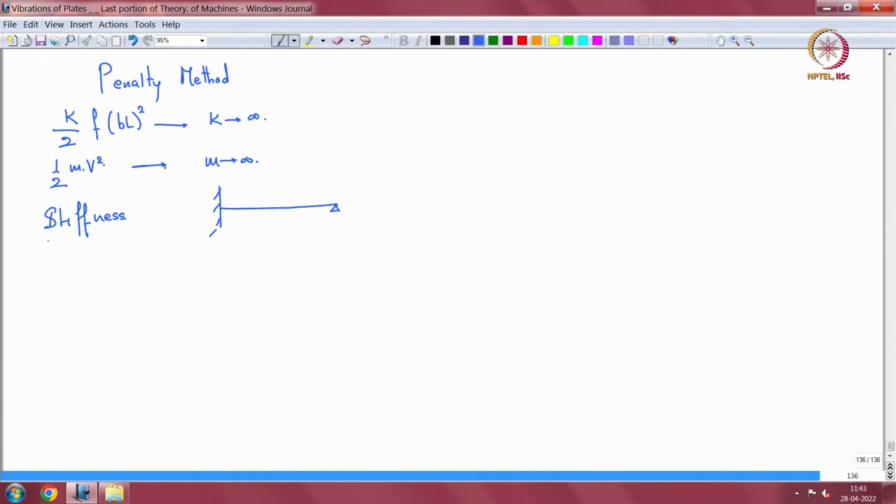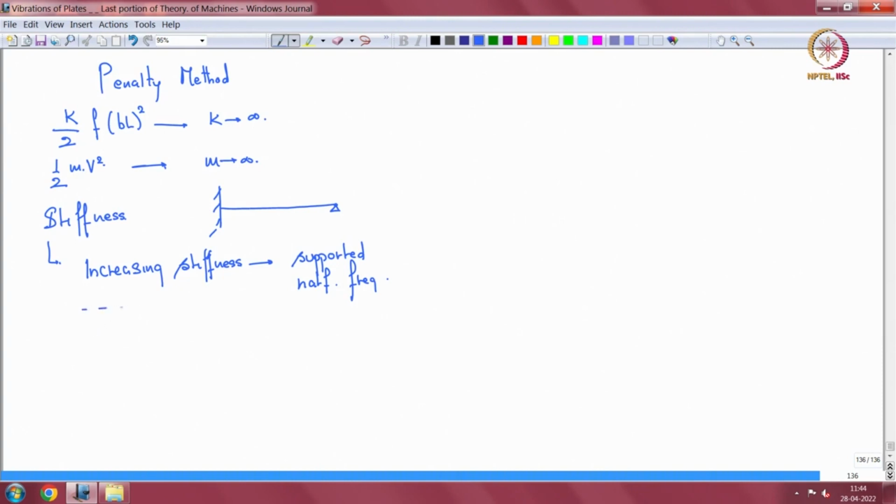If you do it using a stiffness, you can keep on increasing the stiffness, and it will approach the clamped supported natural frequencies. And it will approach from the bottom, from lower value.